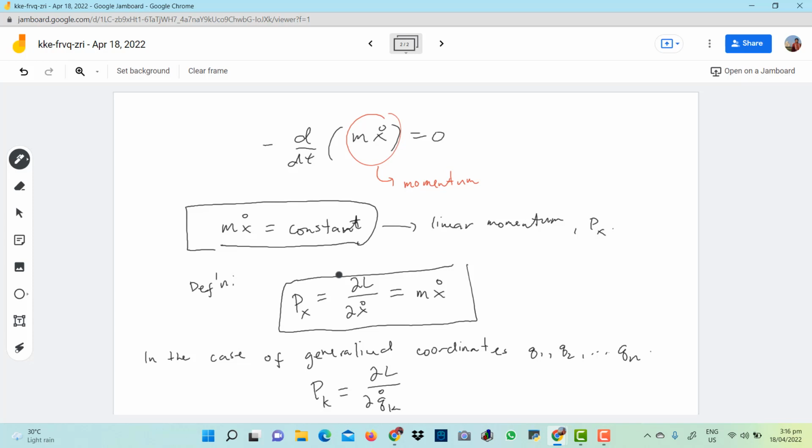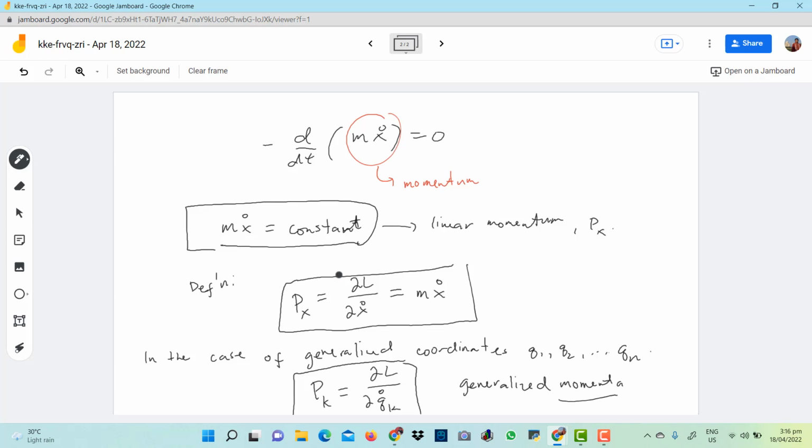Okay? Depende kung saan coordinate imo gamit. So, pwede na nakong ma-generalize ang momentum as this equation, the partial derivative of our Lagrangian L with respect to its velocities, q k dot. So, the p k are actually called the generalized momenta of your system. Okay?